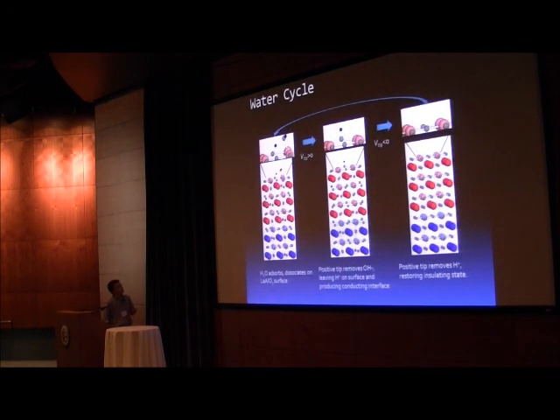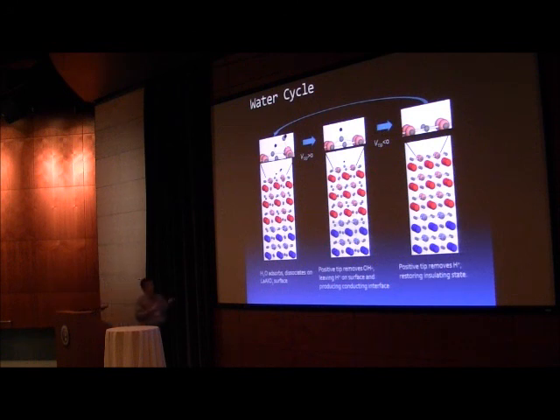Okay, so we're still in the process of understanding the details of how this works, but what we believe is that water plays a pivotal, central role in charging the top surface. So basically, if you have a water molecule, we can pull off or remove this OH minus, leaving a positive H plus here, which attracts an electron to the interface.